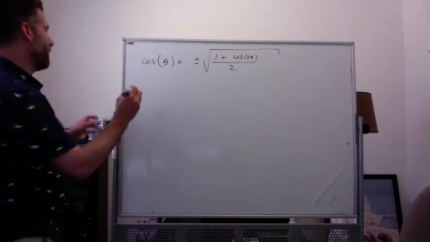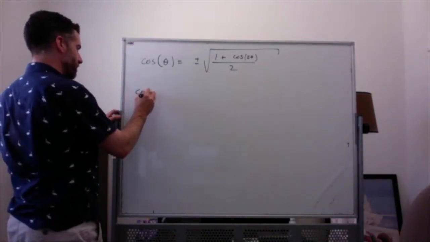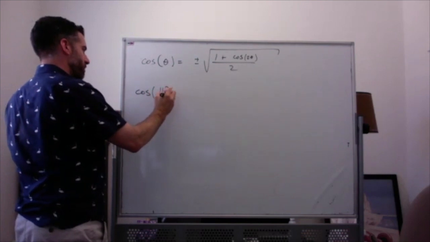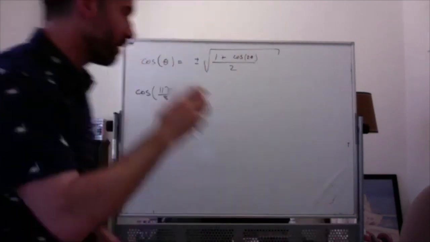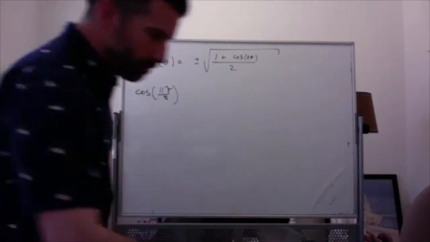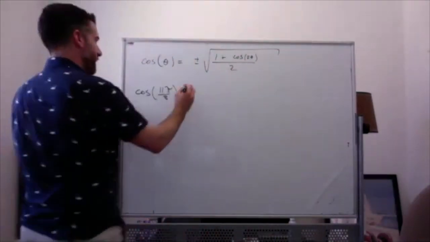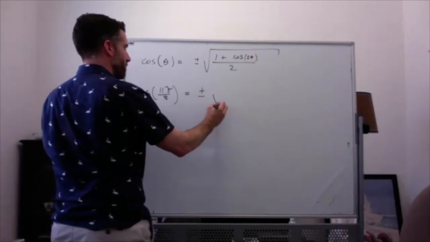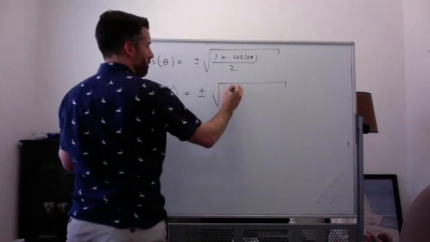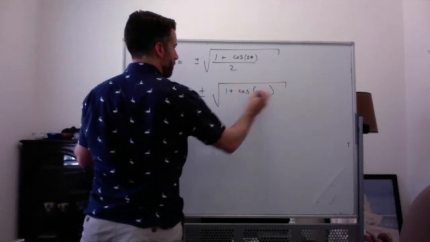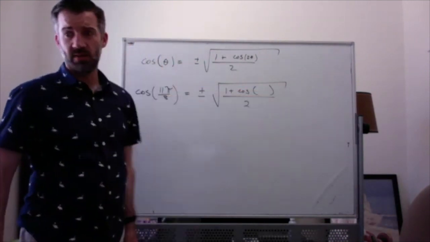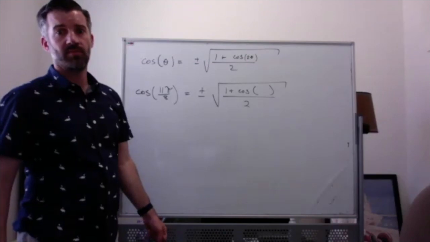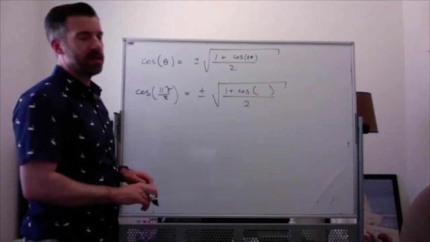So let's do cosine of 11 pi over 8. All right, so that's going to be plus or minus the square root of 1 plus cosine. What angle should be going in there? It's probably a bit much to type.